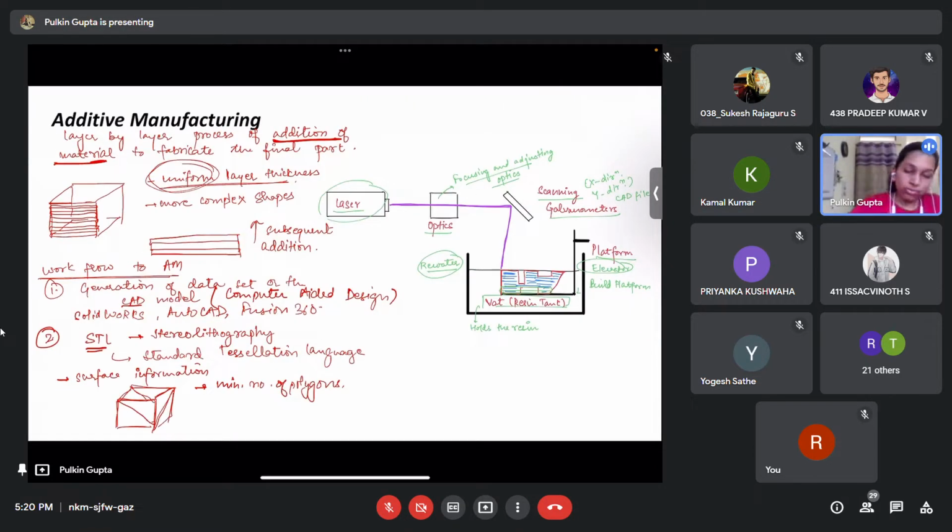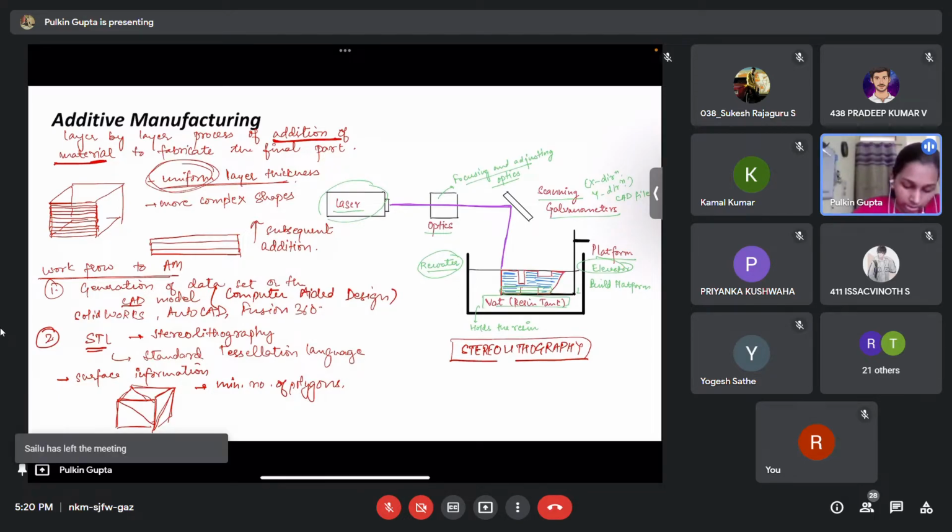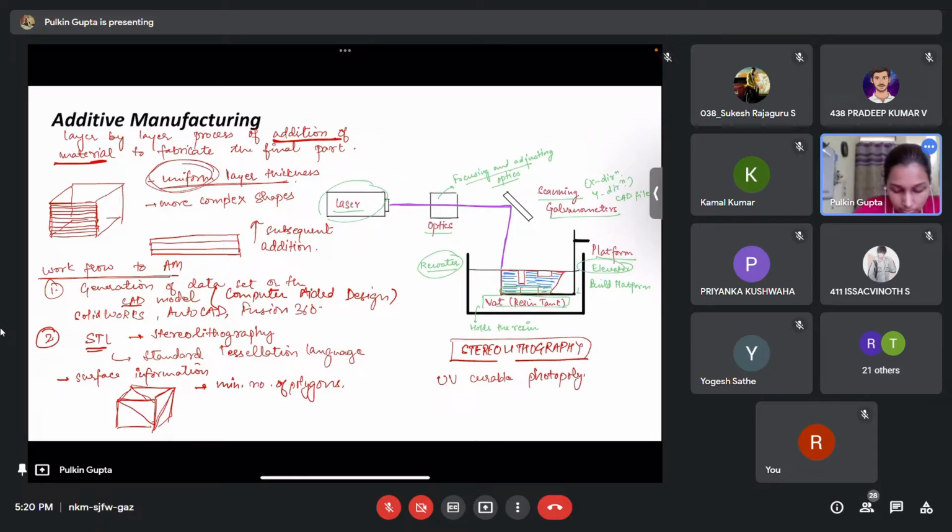Now, one of the examples of the process is stereolithography. This is one of the earliest processes that was developed for additive manufacturing. This process uses a UV curable photopolymeric resin.